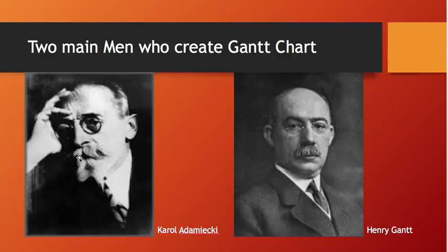About 15 years later, Henry Gantt, an engineer and project management consultant, devised his own version of the chart, and it was this that became widely known and popular in Western countries. Consequently, it was Henry Gantt whose name became associated with the Gantt chart.